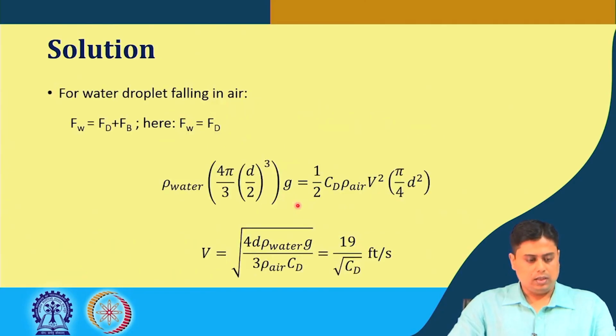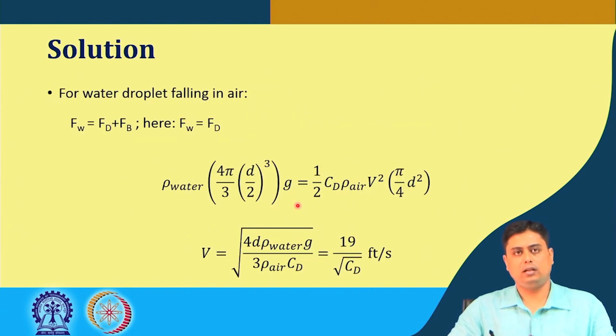So in the second case, when a water droplet falls through air, a similar balance we have to do, but here the weight of the water droplet is balanced by the drag force and the buoyancy force. Remember, the direction of drag force is opposite to the relative velocity.